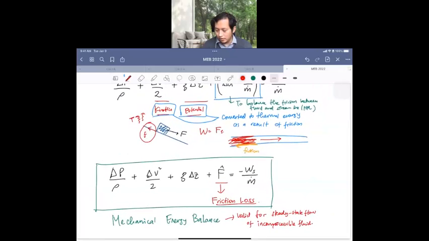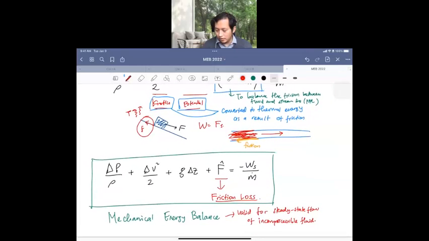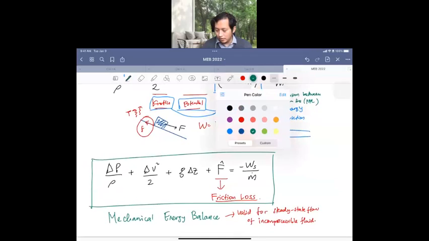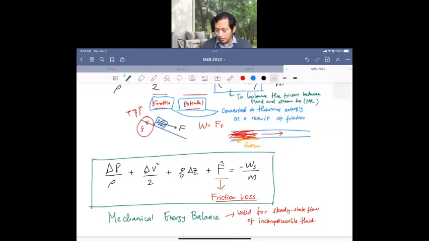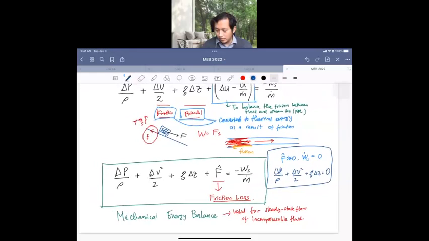And sometimes to simplify, we can usually ignore the friction loss and the shaft work. So sometimes we can have another form that ignores the friction loss and takes the shaft work as 0. So we can write the whole equation, and that depends on the case.